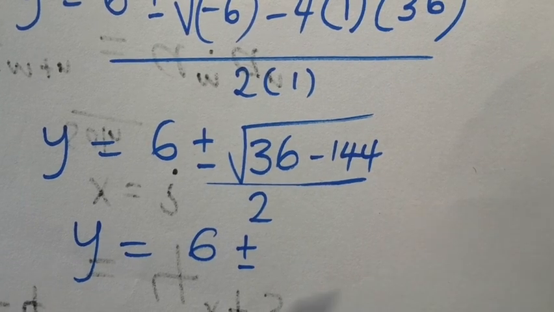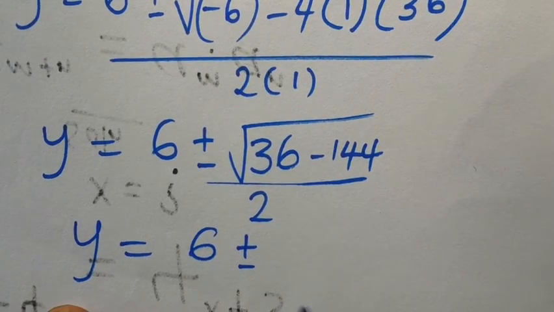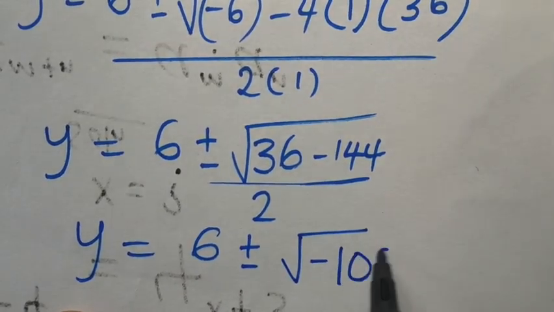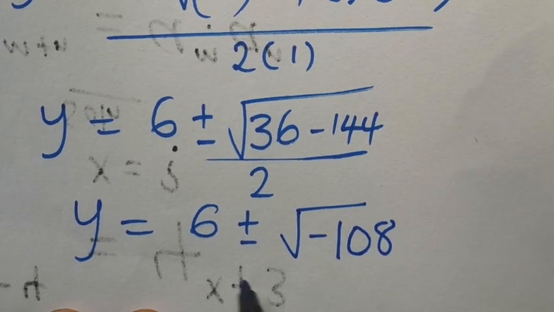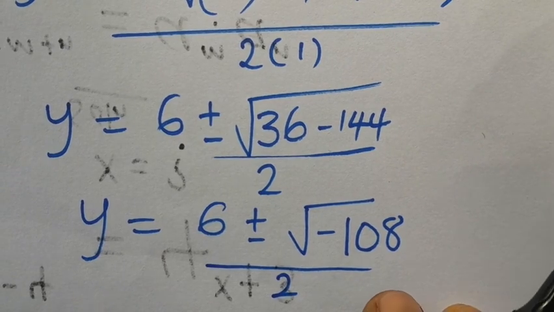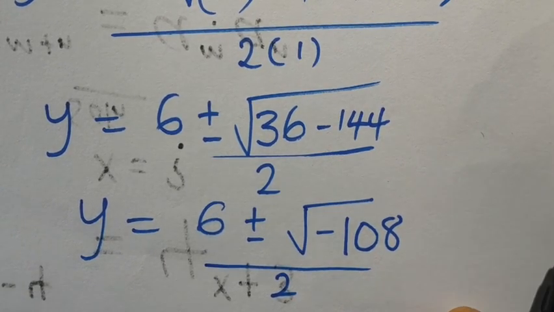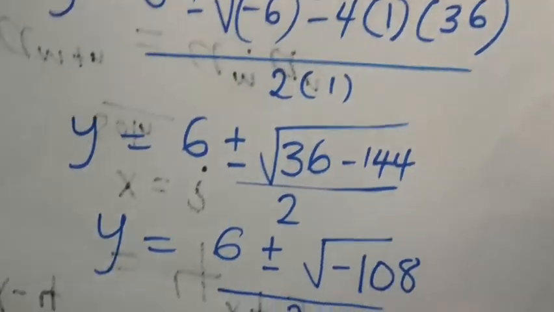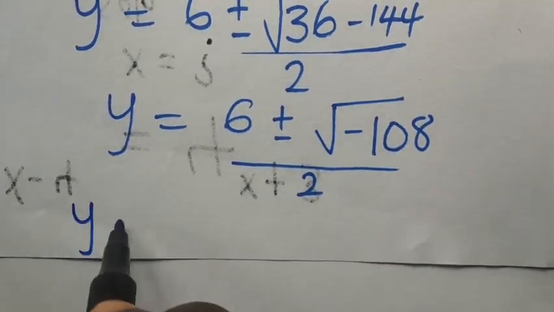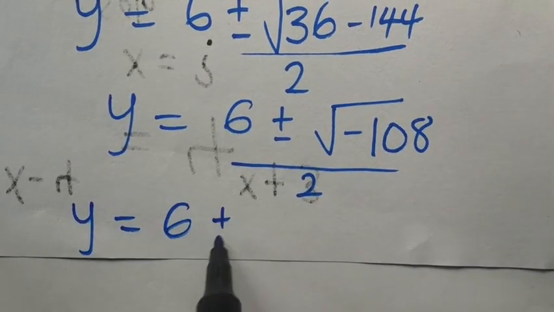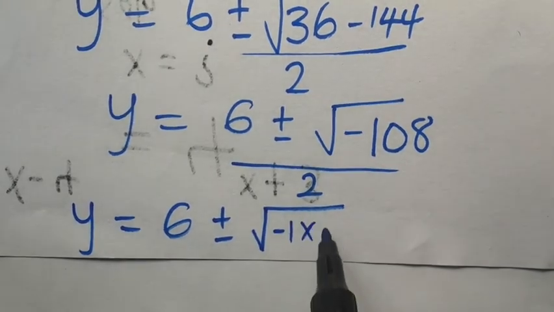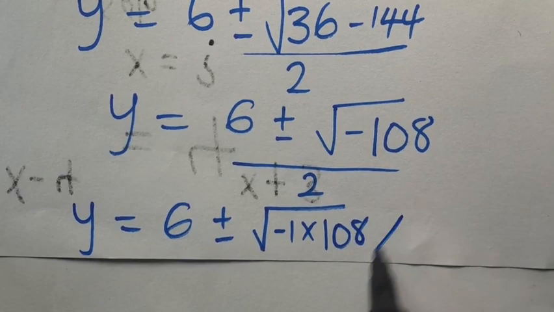Now we have y equals 6, positive or negative, the square root of 36 minus 144, which is minus 108, then divided by 2. From here, y equals 6, positive or negative, root of minus 1 times 108, then divided by 2.